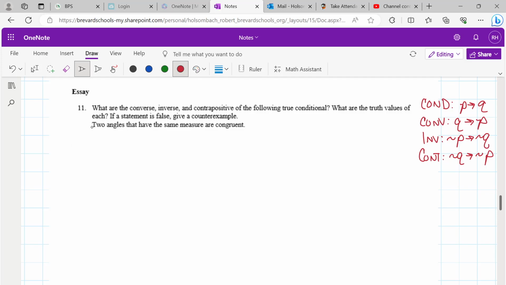So I'm going to take this conditional and I'm going to take this statement and I'm going to write it as an if then statement. So I'm going to say if two angles have the same measure, then they are congruent.